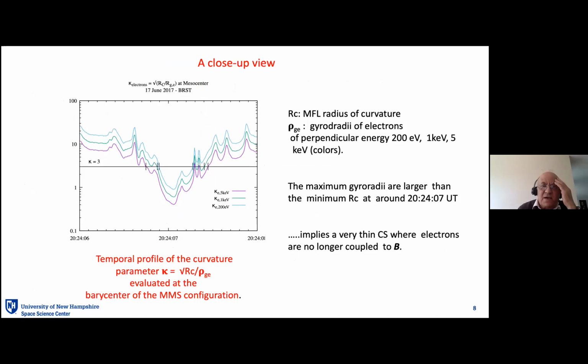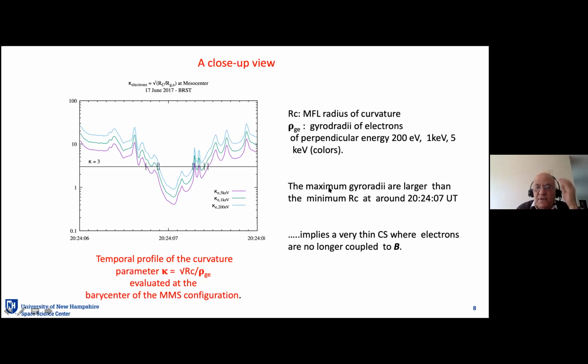And if we take a closer view, we have the temporal profile of the curvature parameter kappa, which is the ratio of the radius of curvature of the magnetic field over the gyro radius of the electrons. And you will find here that our event is at 2407.